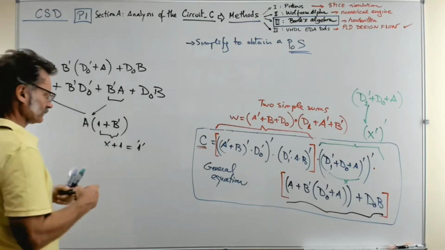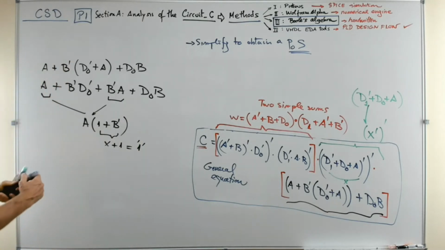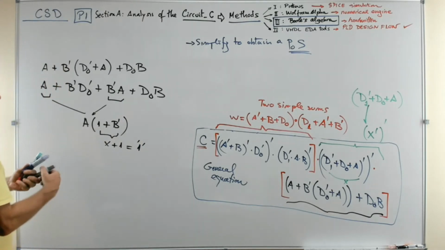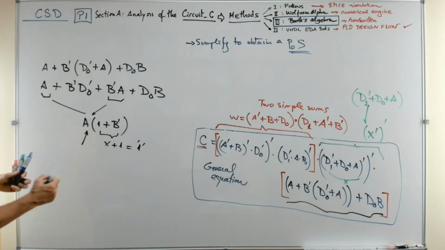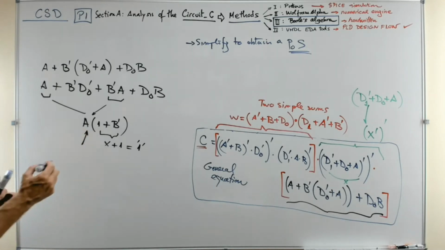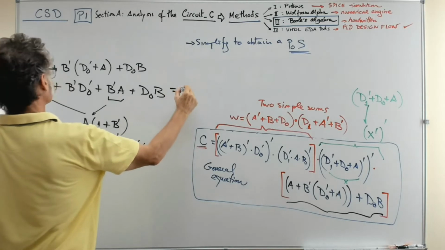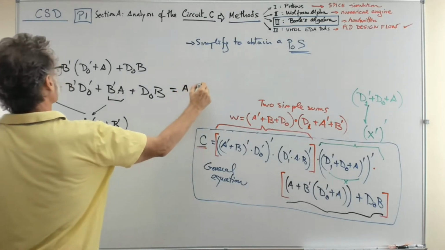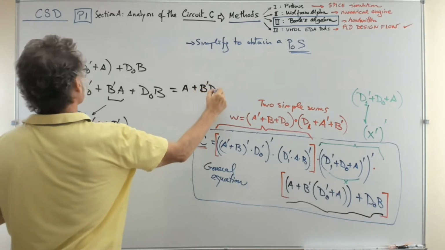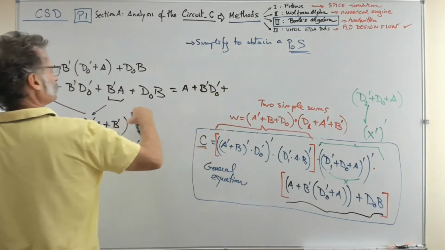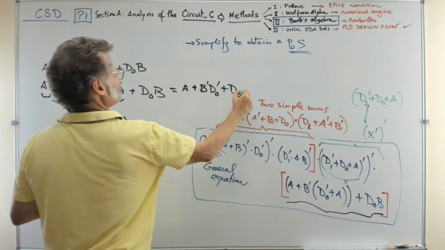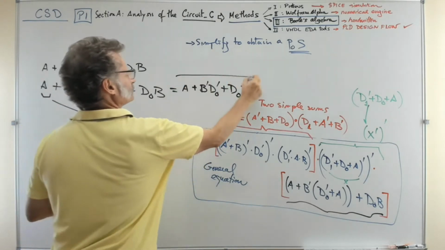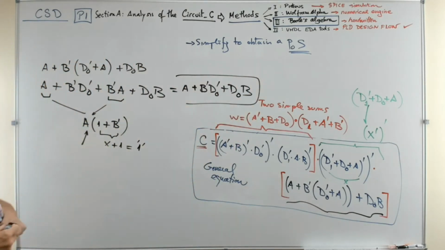So in this way, this factor becomes simply A. That's what you've got here. So in the end, this factor is simplified as A or B naught, D0 naught, or D0 B. Something like this is what you've got here as the third term.